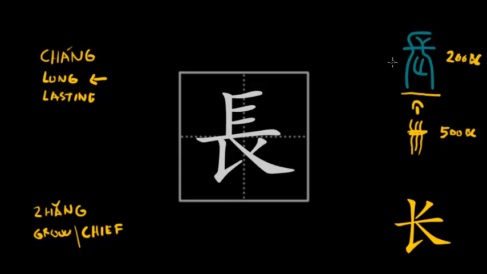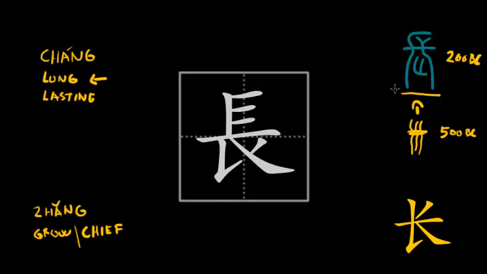What they tried to do when they were creating the seal script was that they took the earlier characters and tried to preserve the shape of the characters, but give them much more structure, so they could be rewritten anytime, and so that they would be formed by elements that were standardized.